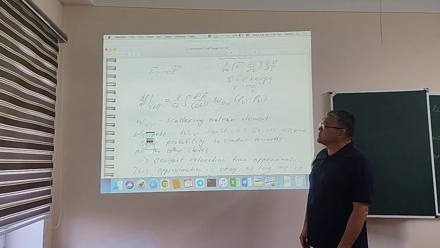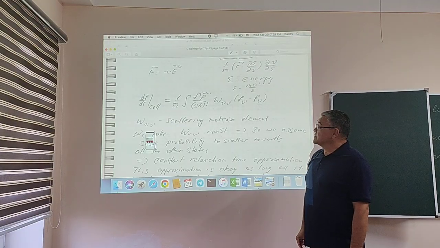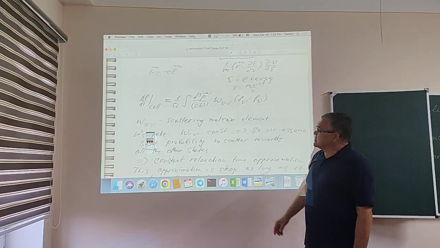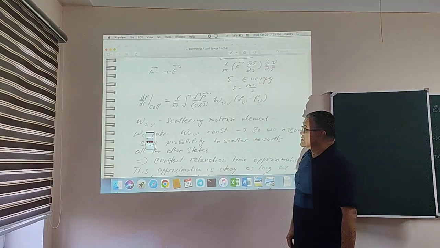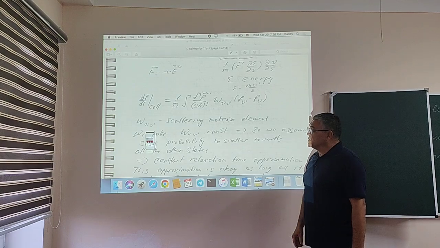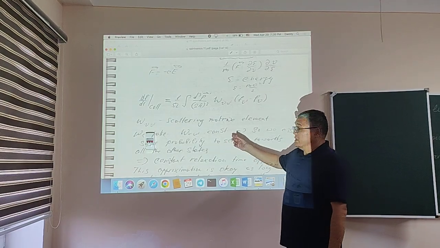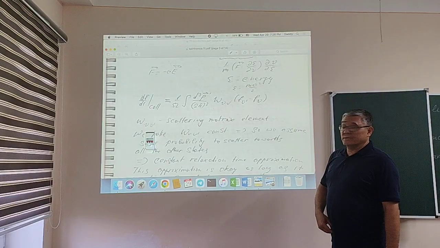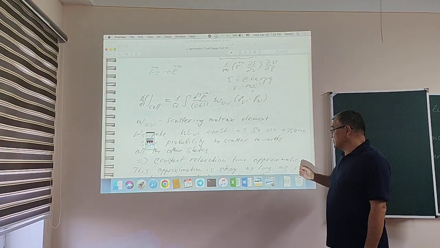We will see below that there are several types of scattering, and this W(k, k') depends on the type of the scattering. In the simplest case, W(k, k') could be constant, and this is called the constant relaxation time approximation.